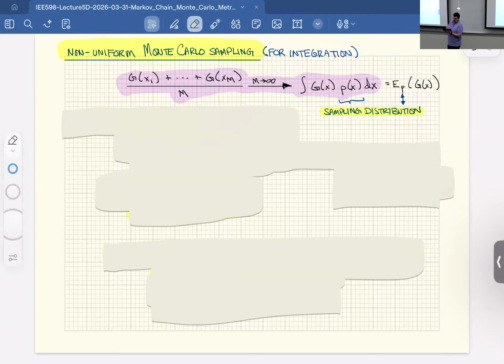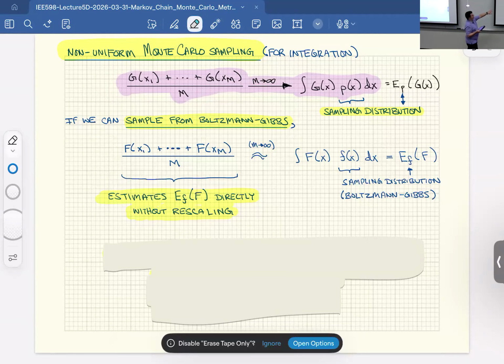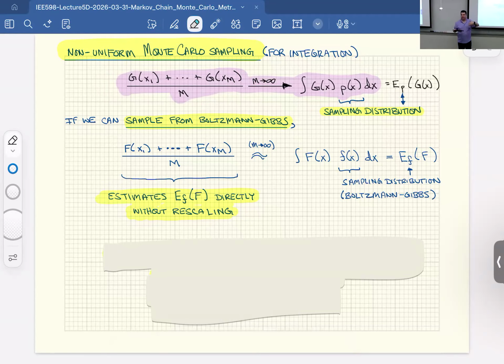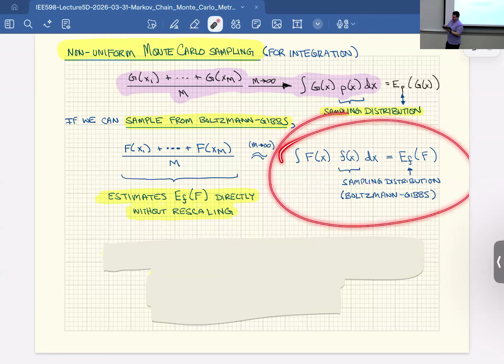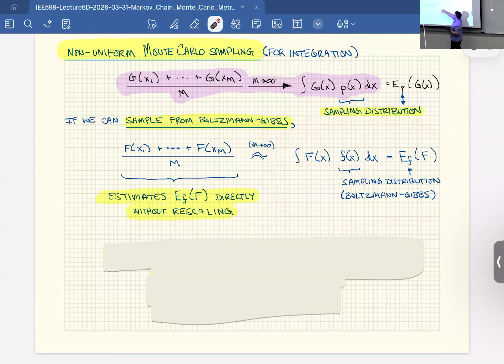I take whatever samples I get, run them through my instantaneous macroscopic variable f, and take the average. Because I'm sampling from the Boltzmann and not the uniform, that average converges to this integral where this is the Boltzmann, and that's exactly what I want. So sampling from the Boltzmann theoretically allows me to do this averaging much, much more efficiently.